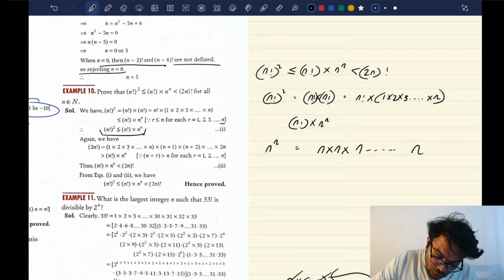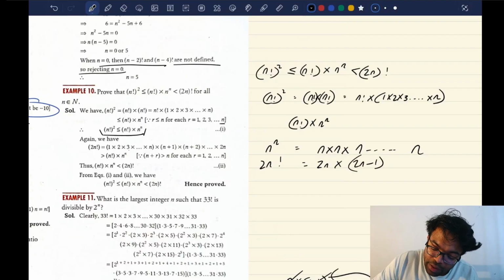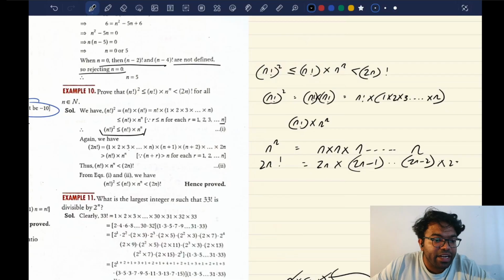But when you have 2n factorial, you have 2n into 2n minus 1 into 2n minus 2 into 2n minus 3. So every single number is greater than n.